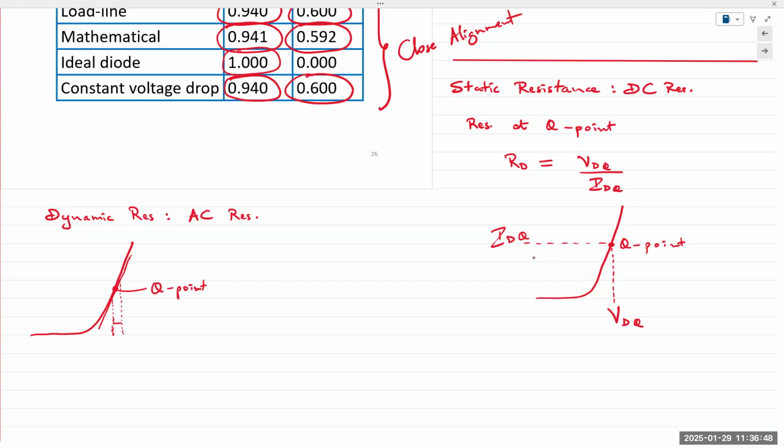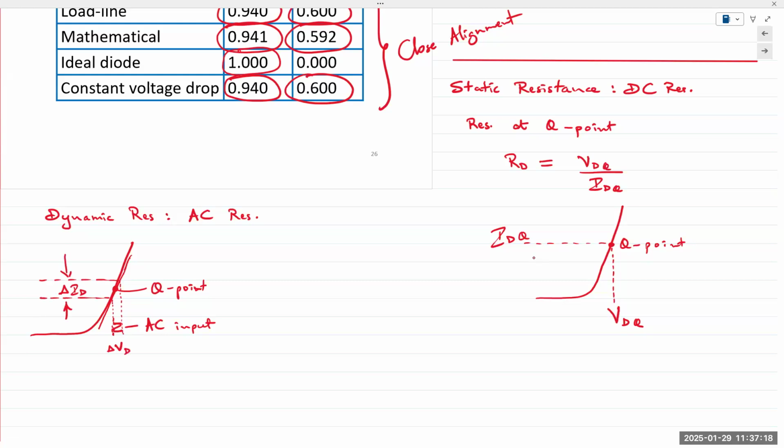Then we apply an AC input to our diode. So this would be delta V. This would be delta ID.